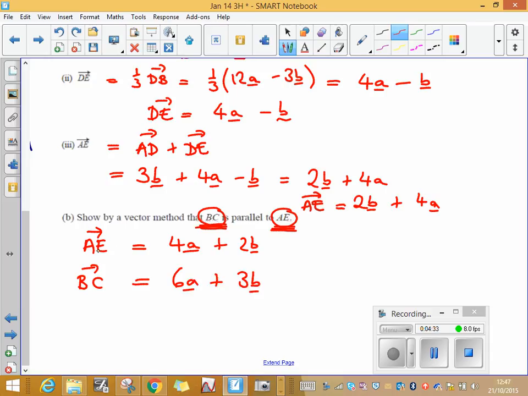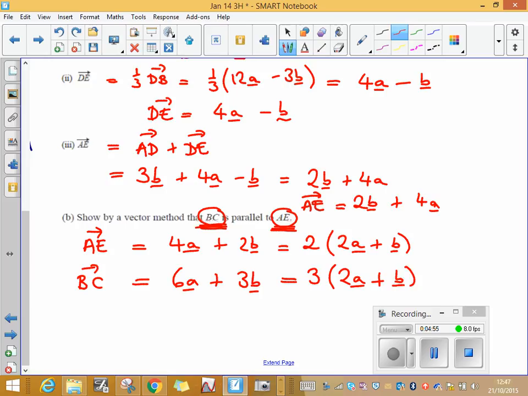Now, if I look at these, go back to AE, if I take out 2 as a common factor there, it becomes 2 times 2a plus b. So the vector AE is 2 lots of 2a plus b. And I can see for BC, if I take 3 out as a common factor, then it becomes 2a plus b in the brackets.